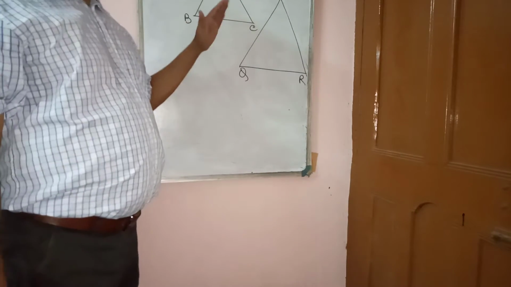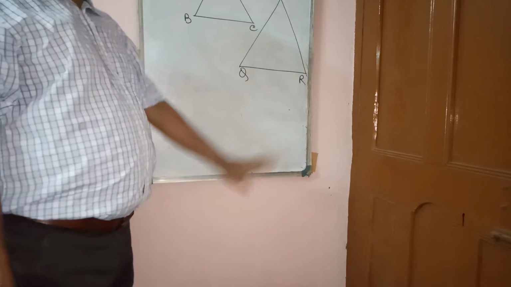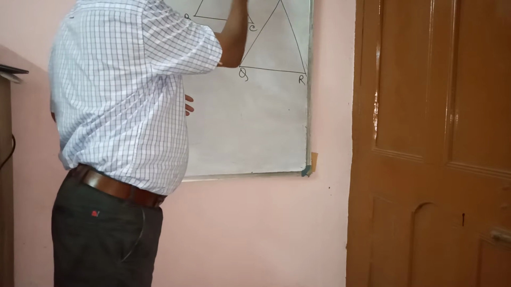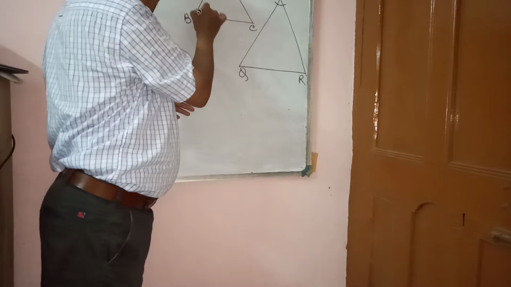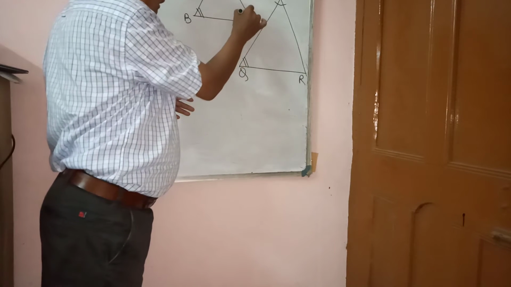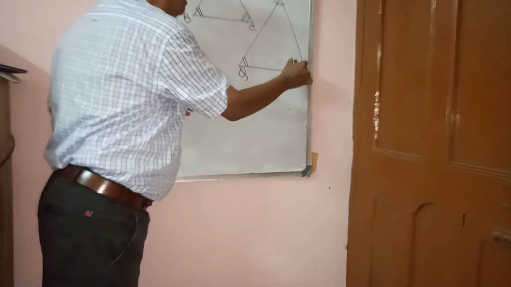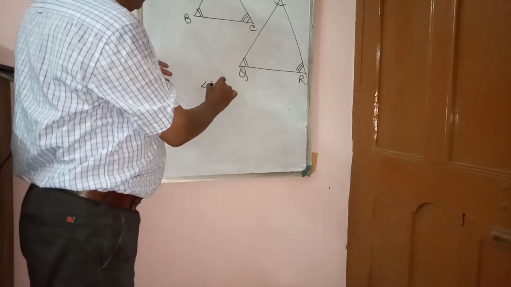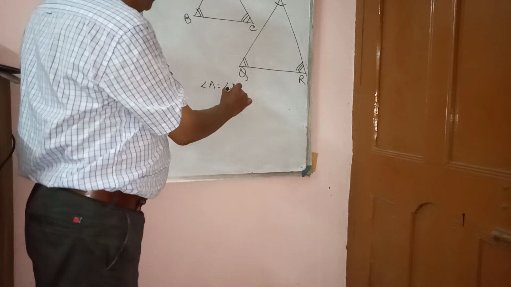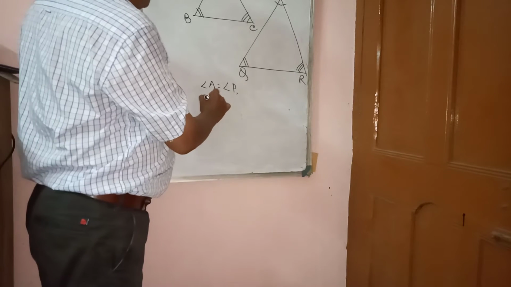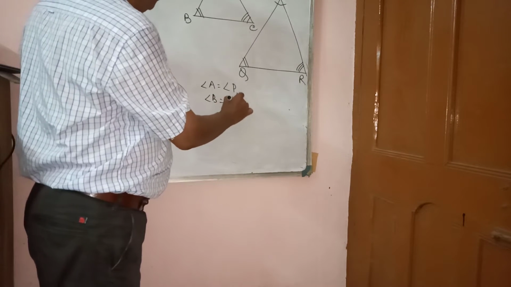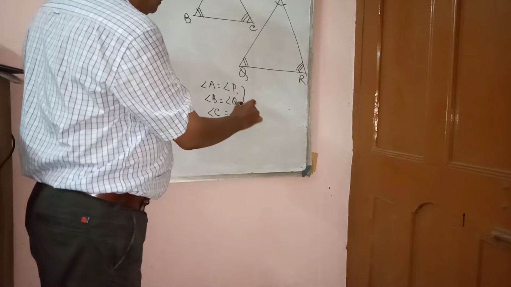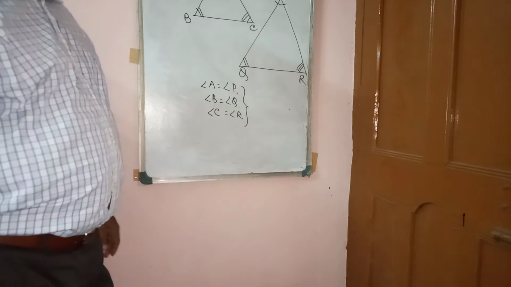ABC and PQR, two triangles. Here it is given, suppose angle A equal to angle P, angle B equal to angle Q, angle C equal to angle R. Three conditions are there. Okay?